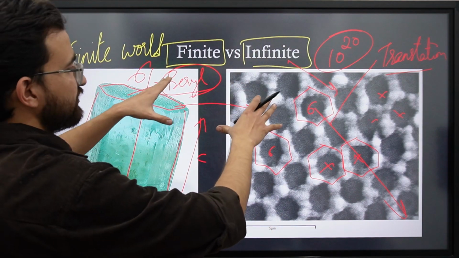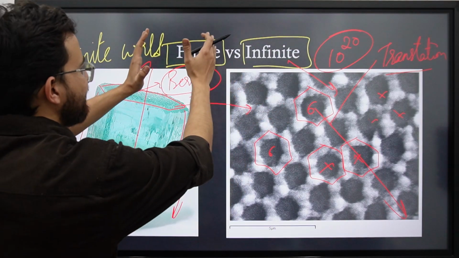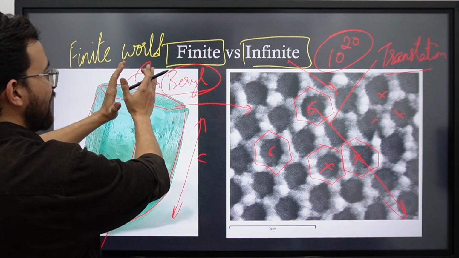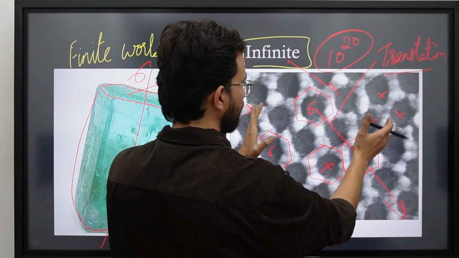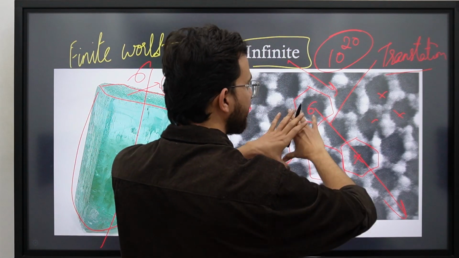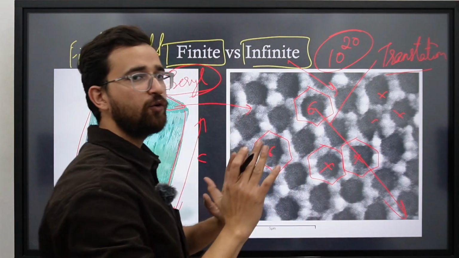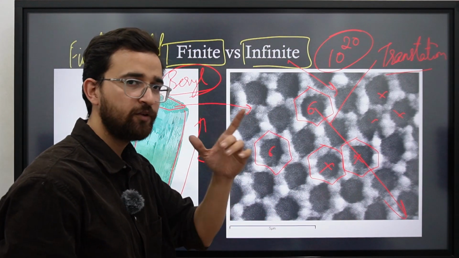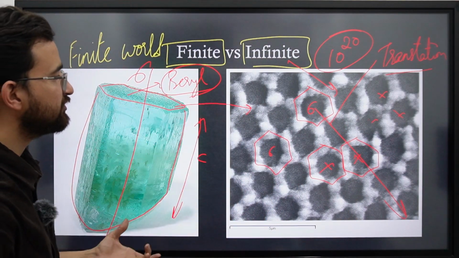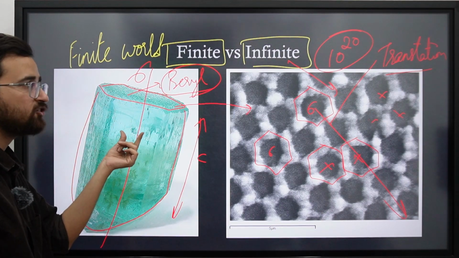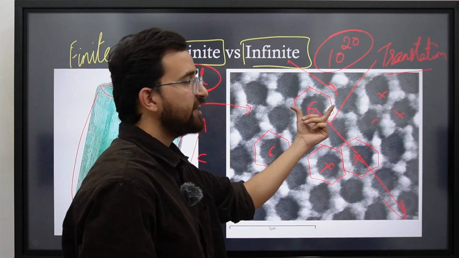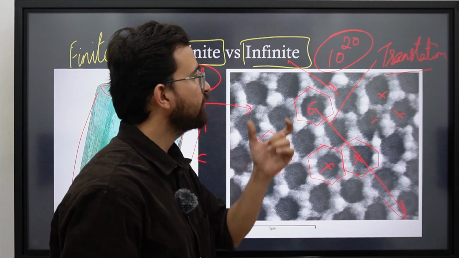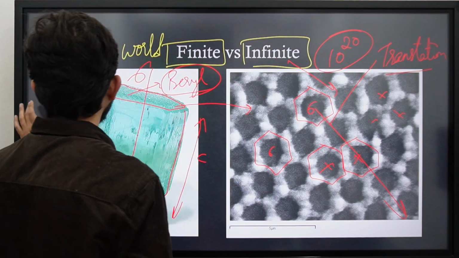So one difference that I can make out is that in the finite world, I had just one sixfold rotation, while in the infinite sequence there are multiple sixfold rotations possible. You have an infinite number of sixfold rotation axes.